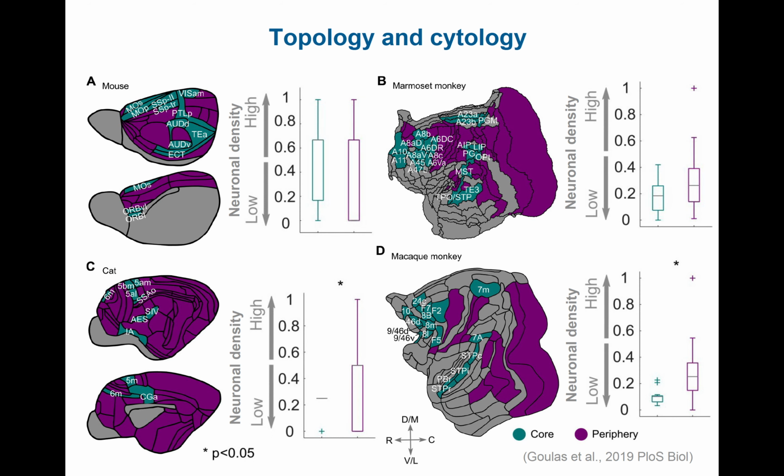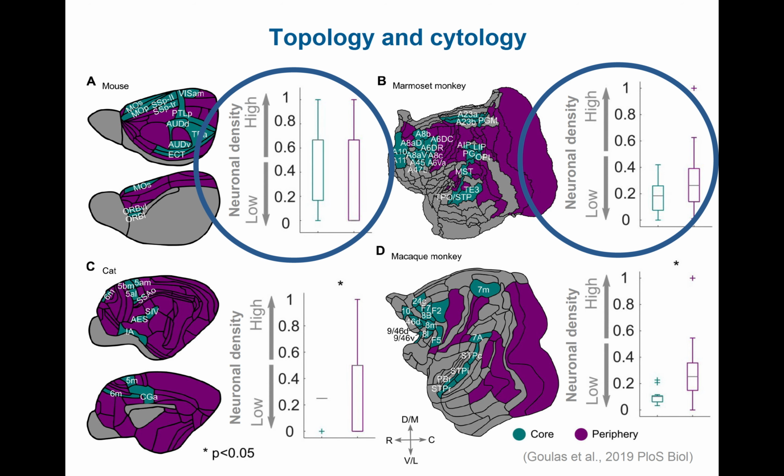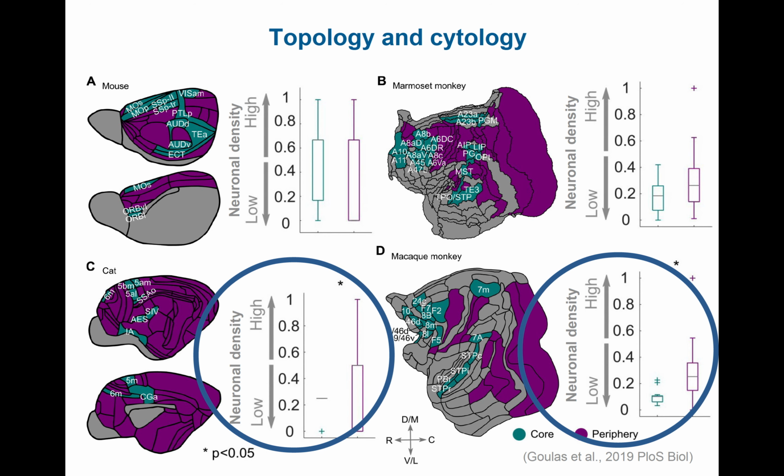And as we see here, in mice and marmoset monkeys, topology does not lead to a statistically significant segregation in terms of cytology. That is, there is no statistical difference between core and periphery areas in terms of the neuronal density, the cytoarchitectonic status, that is, of these areas. On the contrary, in cats and macaque monkeys, we observe a cytological segregation of core and periphery areas.